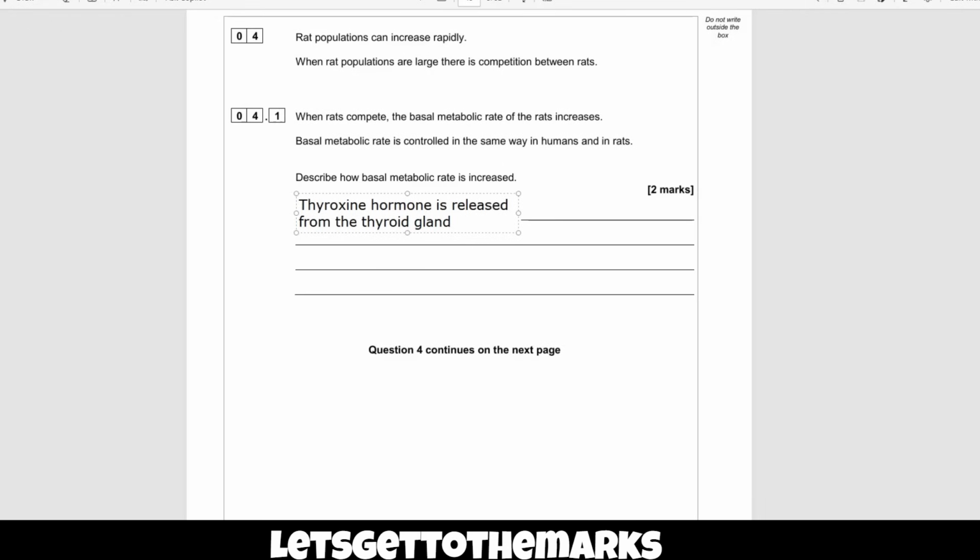So that is one reason. And then another, that would get you 2 marks. And then another one is adrenaline is released from the adrenal gland. So both of these increase the basal metabolic rate. So that'd get you 2 marks. And both of these appear in the AQA syllabus at different points.